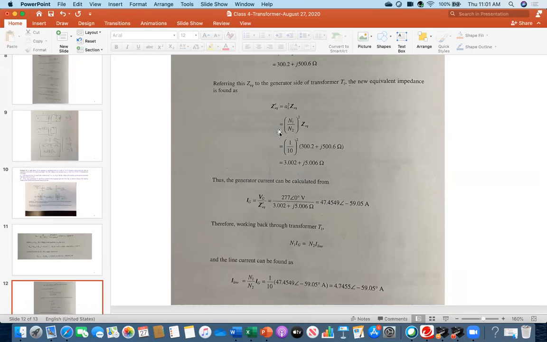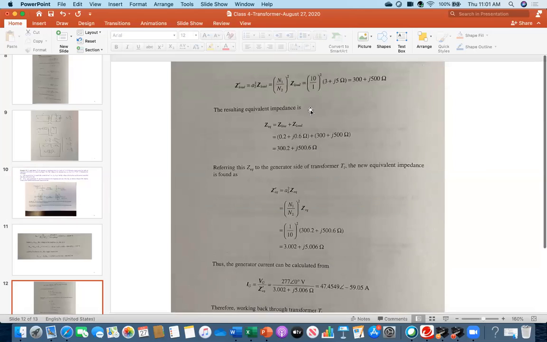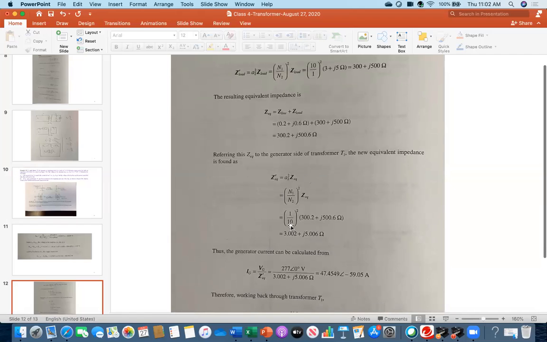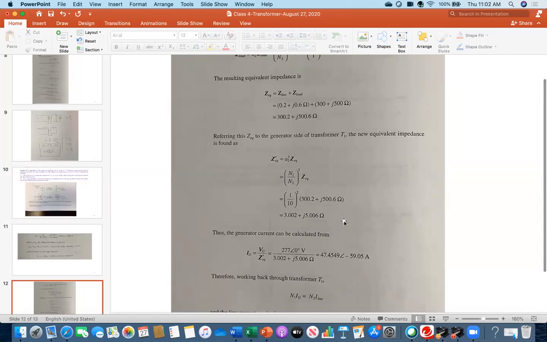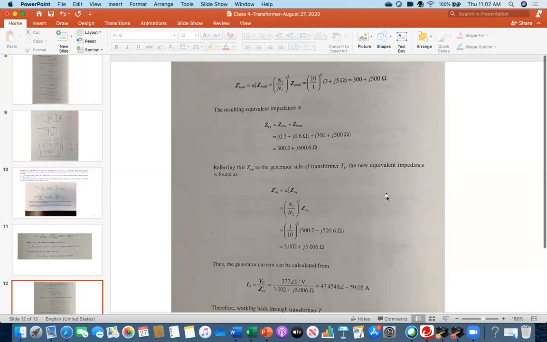Yeah, I know what I did wrong. I didn't square the turn ratio. I just divided it by 10. Okay, look from the beginning, there is a square here, and then again there is a square here. I did from load to line right, but I didn't do from line to source right. Okay, I got it.